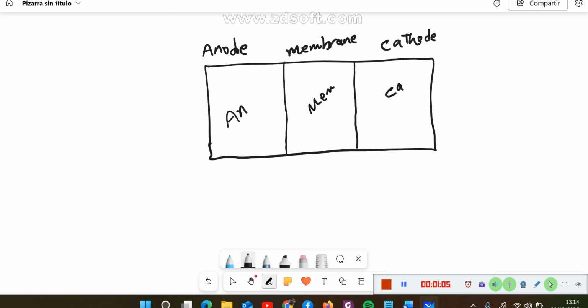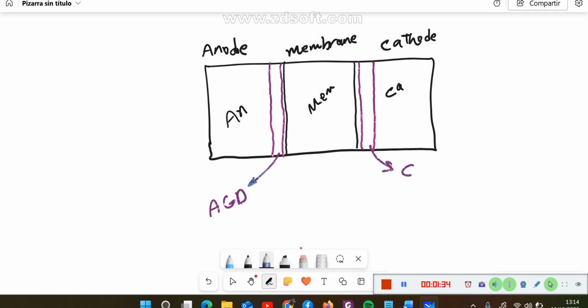These are the three main parts, but in reality we have two thin layers here. Let's draw them. Here we have the anode gas diffusion layer, and here the cathode gas diffusion layer.